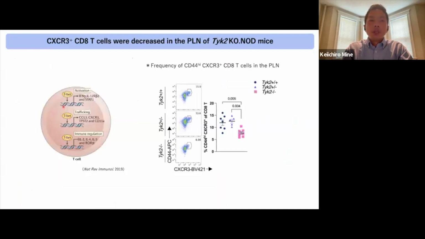TBET is an important transcription factor for the production of interferon gamma and the expression of the chemokine receptor CXCR3, a receptor for CXCL9 and CXCL10.